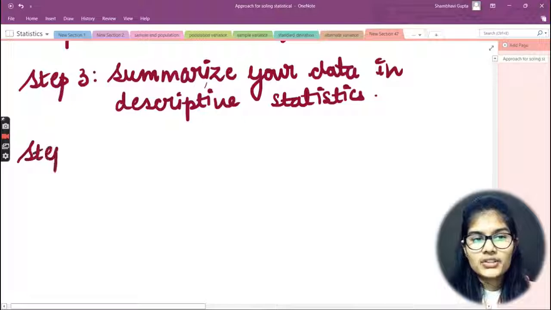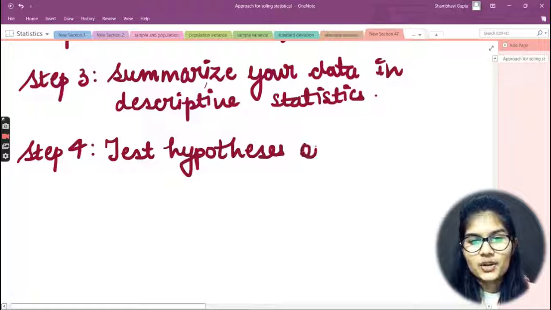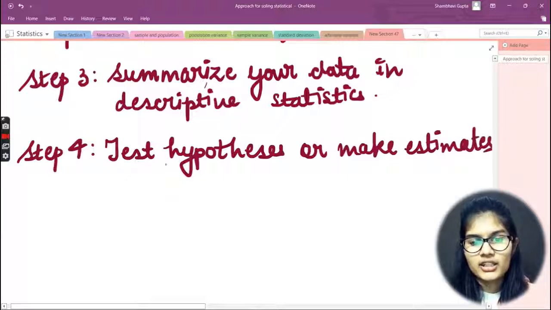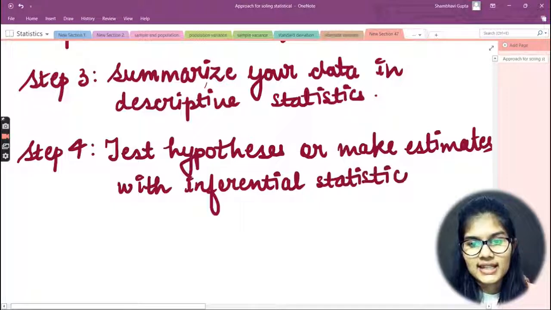Fine. Then next is step number 4. Okay, now what is step number 4? Your step number 4 is that you have to test the hypothesis or make estimates with inferential statistics.